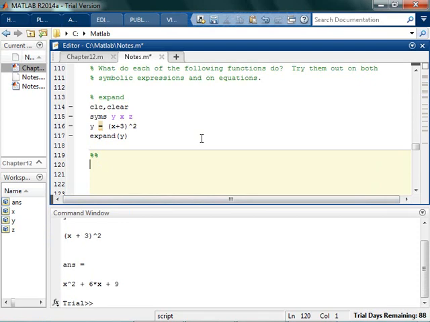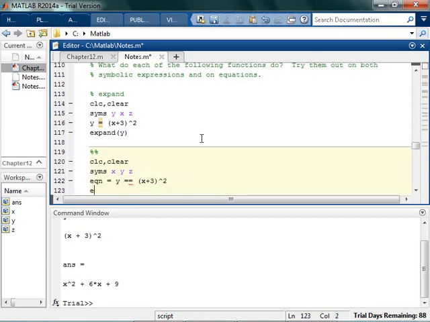Let's do it again. So let's say I have an equation which is y is equal to (x plus 3) quantity squared, and I want to expand the equation. Kind of did the same thing.